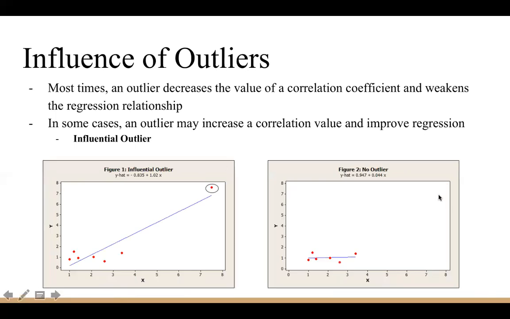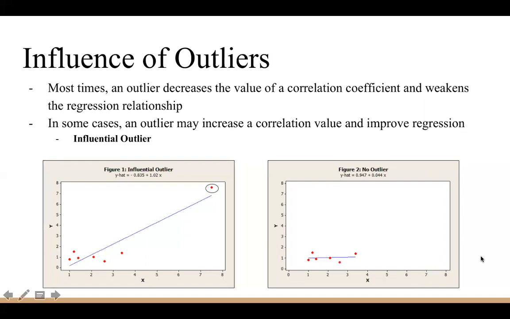Okay, you guys remember talking about outliers earlier in the course, but most of the time you think of an outlier as decreasing the value of a correlation and weakening the relationship between two variables. You think of it as being in the way of the data and kind of ruining it. But sometimes an outlier can increase the correlation value and make it look like there's a relationship when there really isn't a relationship. We call that an influential outlier.